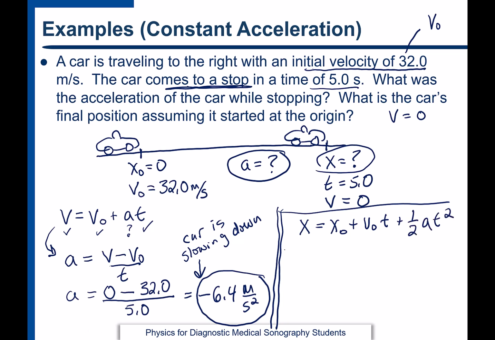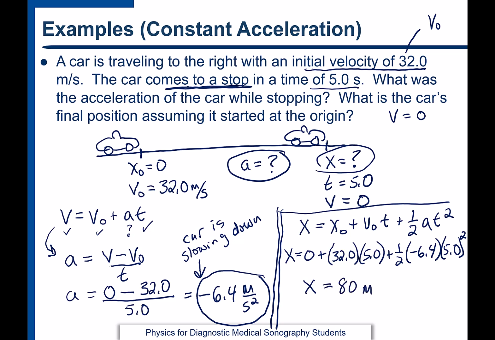So now we just need to plug in our values. x is equal to 0 plus v naught, which is 32, times the time, which is 5, plus 1/2 times negative 6.4 times 5 squared. And when you do that math, you should get a final answer. x is 80 meters.